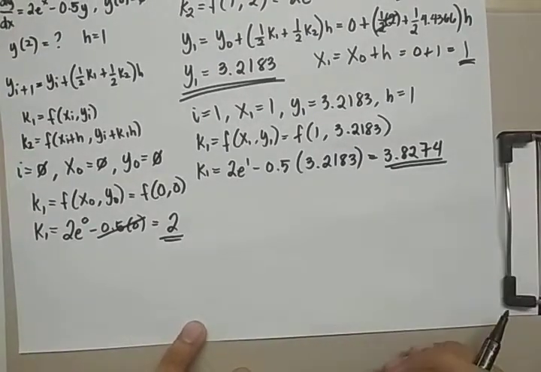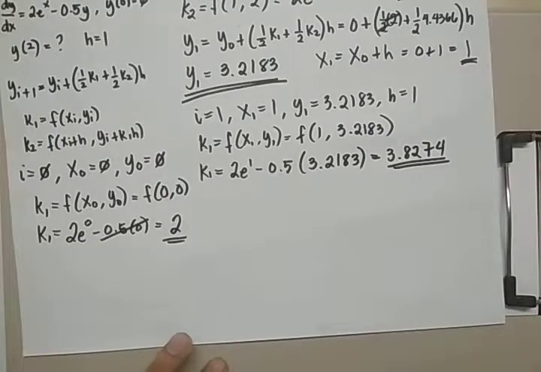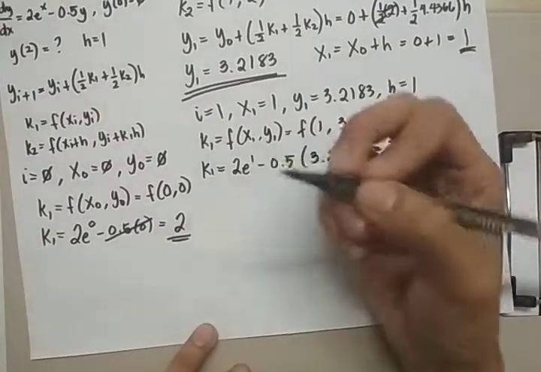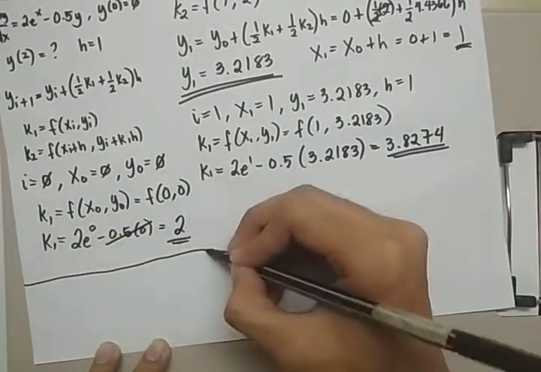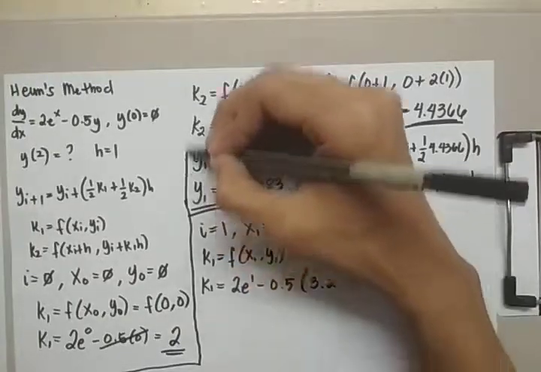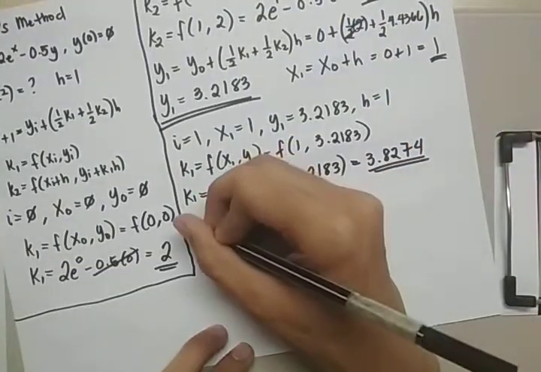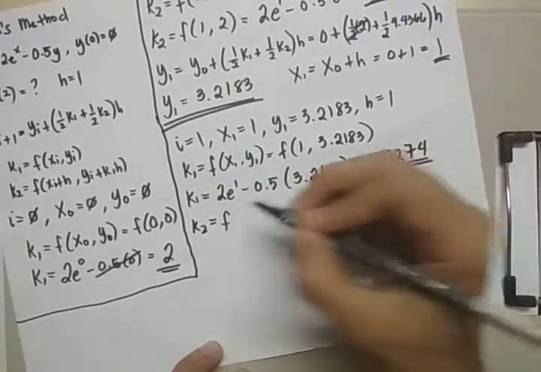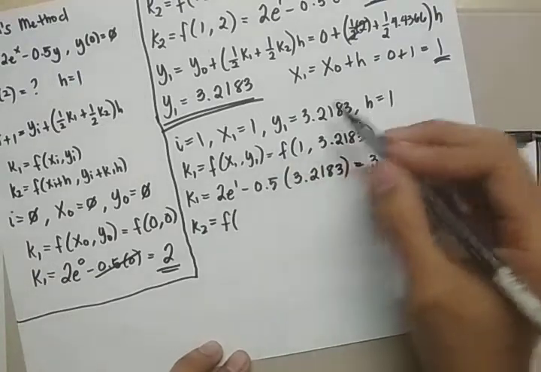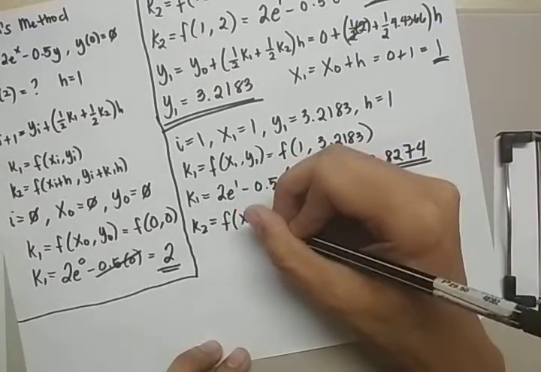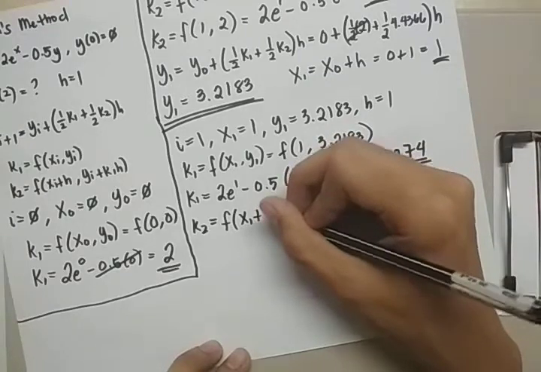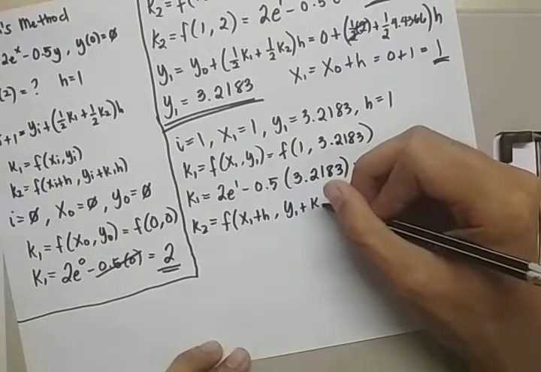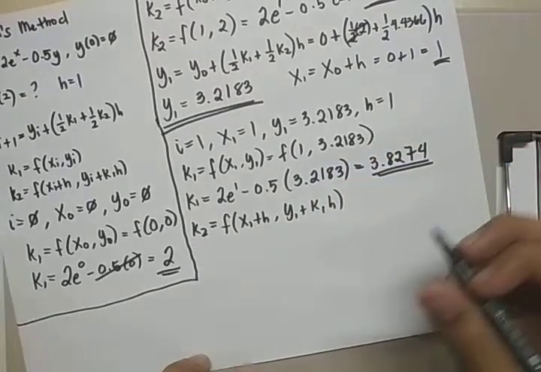And for our k2, since we have our value for k1, we can calculate k sub 2. Our k sub 2 is equal to the function of x sub 1 plus h and y sub 1 plus k sub 1 multiplied by h.